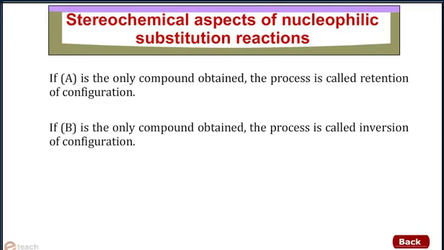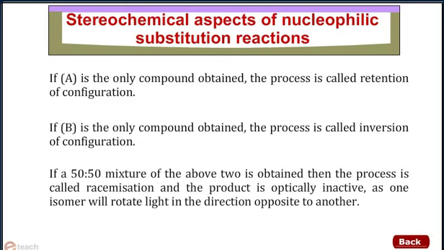If B is the only compound obtained, the process is called inversion of configuration. If a 50-50 mixture of the above two is obtained, then the process is called racemization, and the product is optically inactive, as one isomer will rotate light in the direction opposite to another.